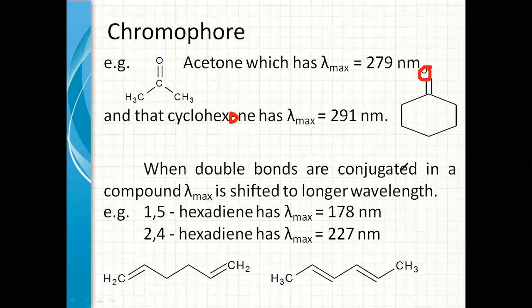When double bonds are conjugated in a compound, lambda maximum is shifted to longer wavelength. For example, 1,5-hexadiene has lambda maximum 178 nanometer, whereas 2,4-hexadiene has lambda maximum 227 nanometer because of conjugation.